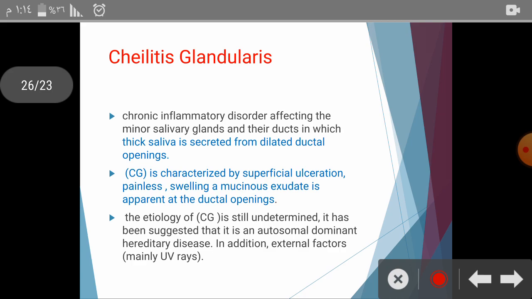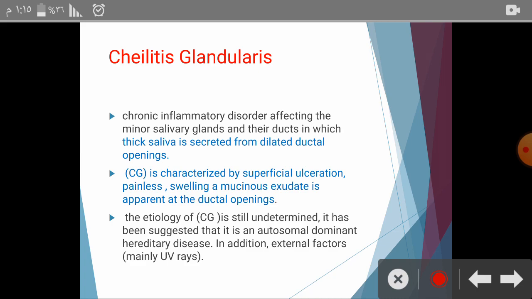Cheilitis glandularis is a chronic inflammatory disorder affecting the minor salivary glands. Thick saliva is secreted from the dilated duct openings. They are characterized by superficial ulceration, painless swelling, and exudate appearing at the ductal opening. The etiology is undetermined.